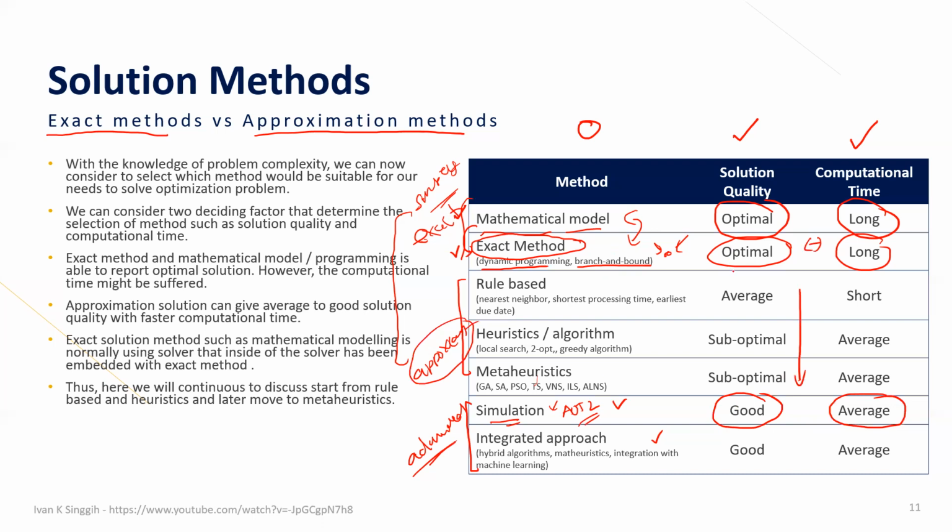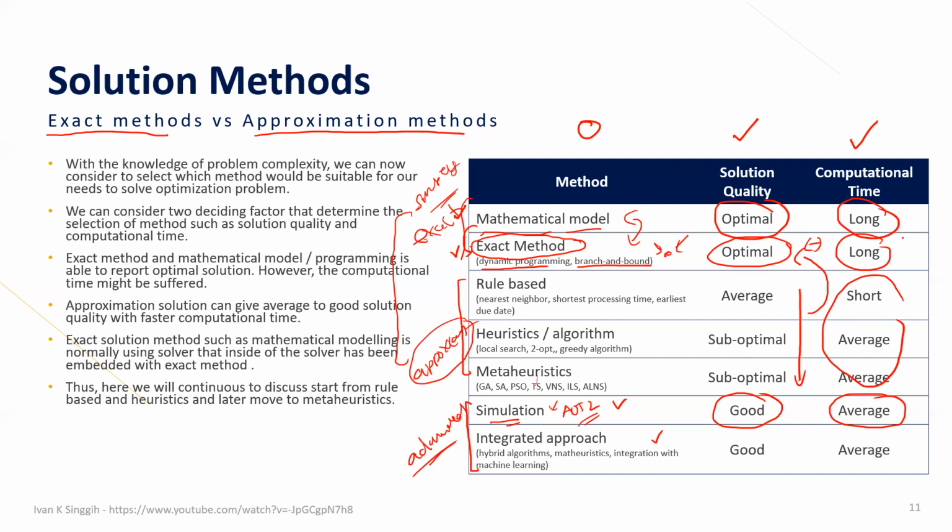So actually we are trying to close the gap from suboptimal or average or good solutions to as close as possible to the optimal. In terms of computational time, sometimes it is also long, even though not as long as the computational time of mathematical optimization.